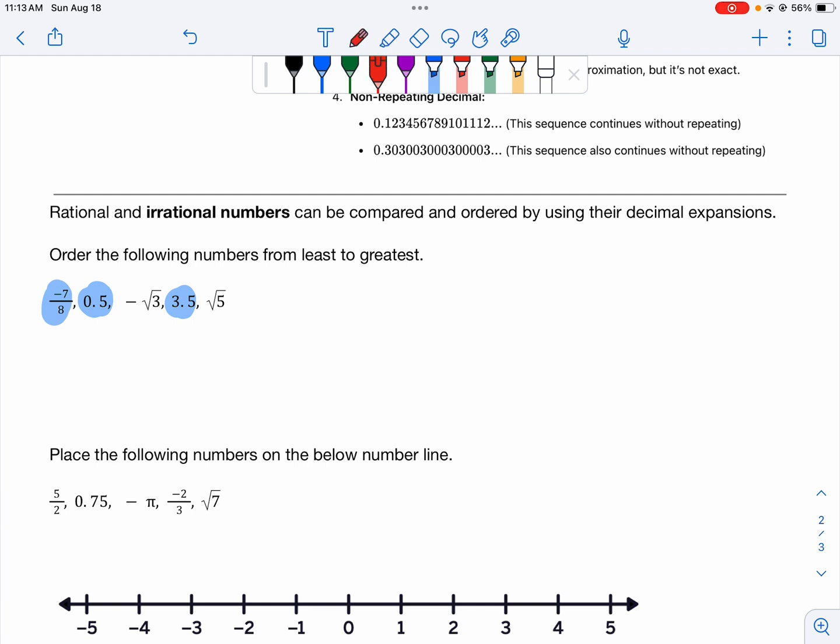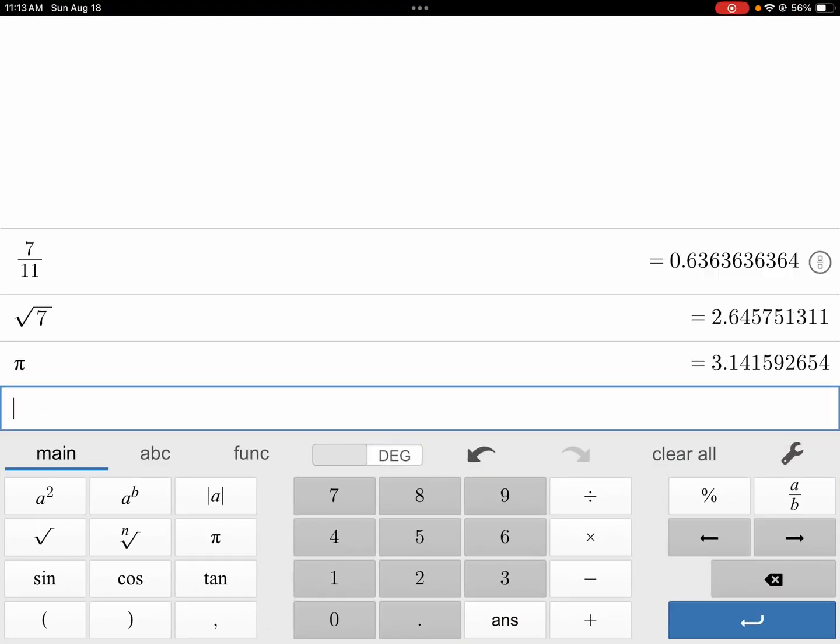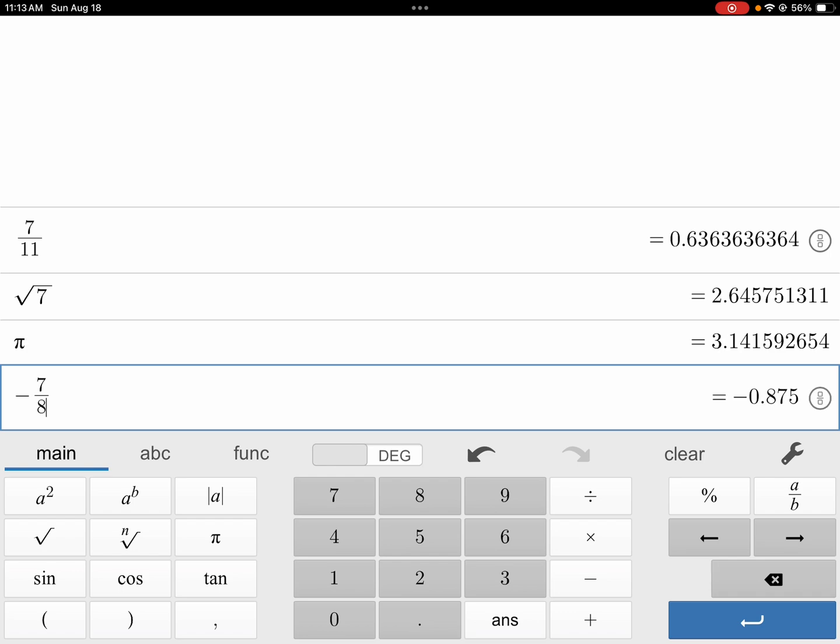So, over here, I'm going to write and sort my rational numbers. Okay, we have 0.5, 3.5, and negative 7/8. I'm going to go to my calculator and take that negative 7/8 and make it a decimal.